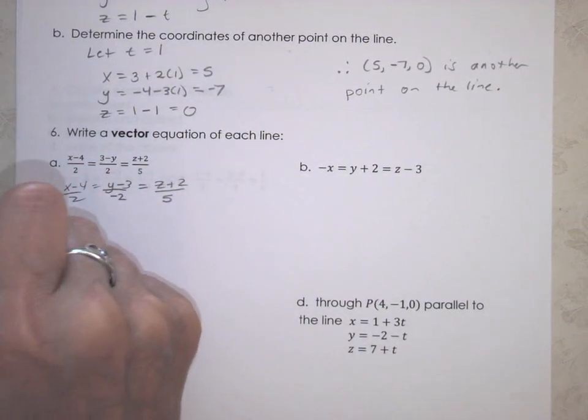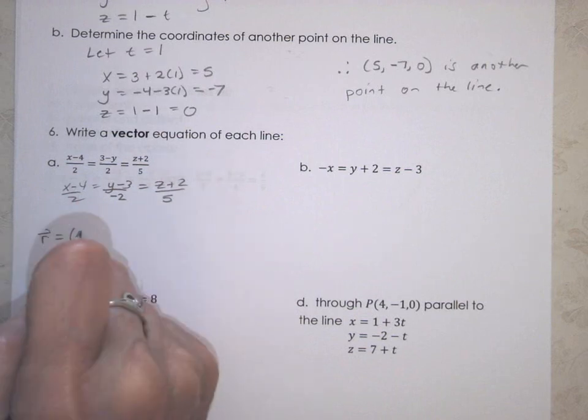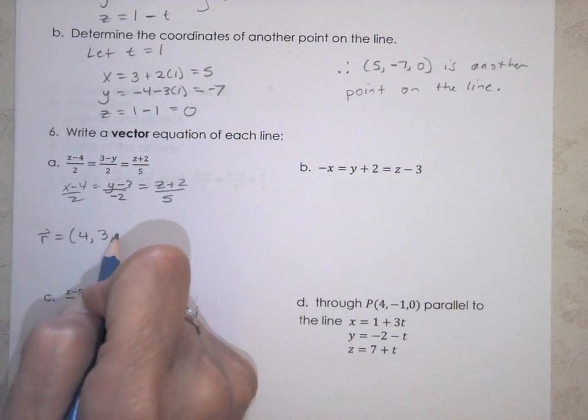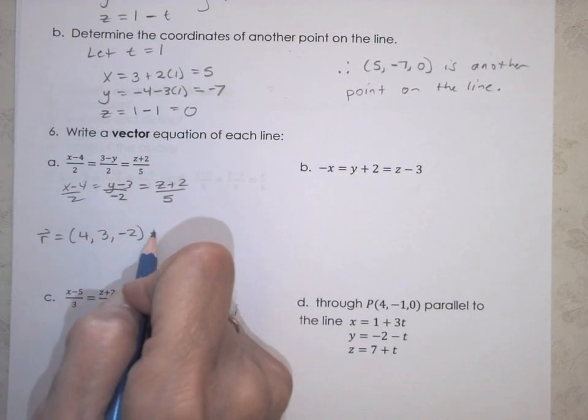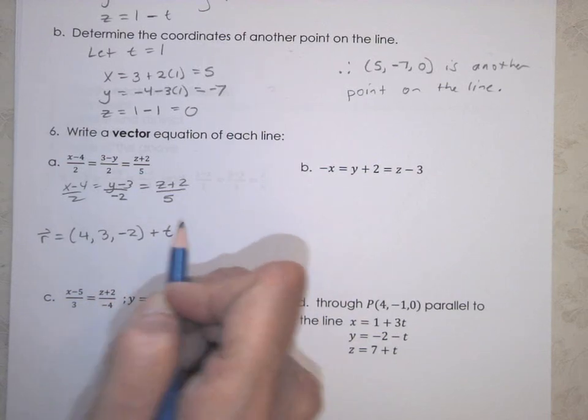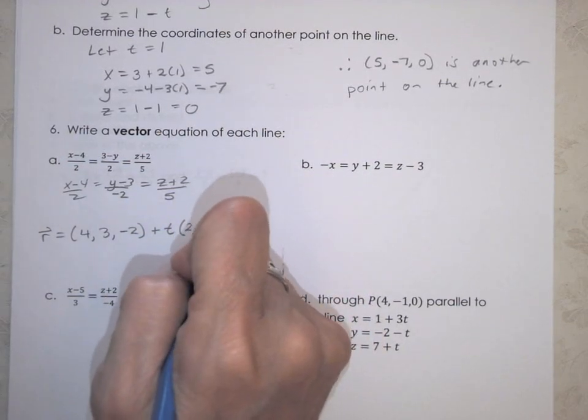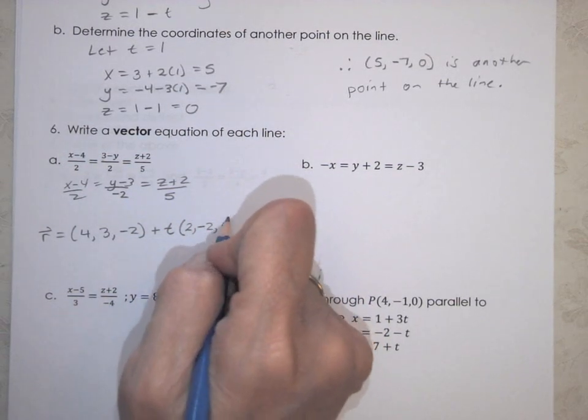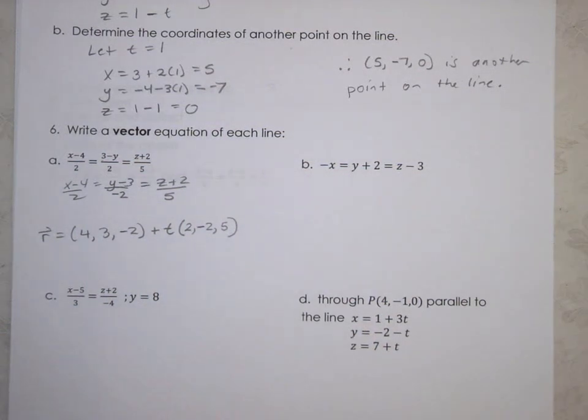So our vector equation, our point is going to be (4, 3, -2), plus parameter t times our direction vector, which is (2, -2, 5). So there's a vector equation of the line in A.